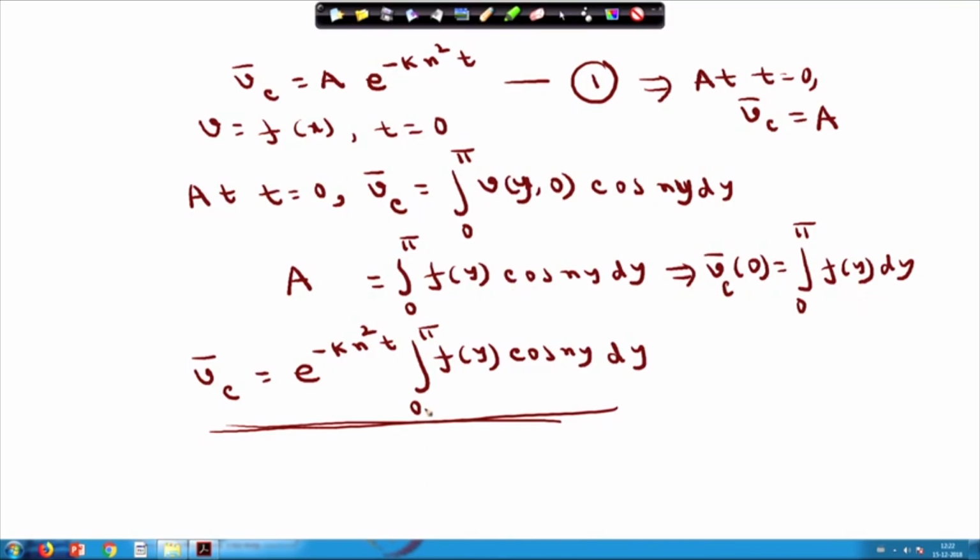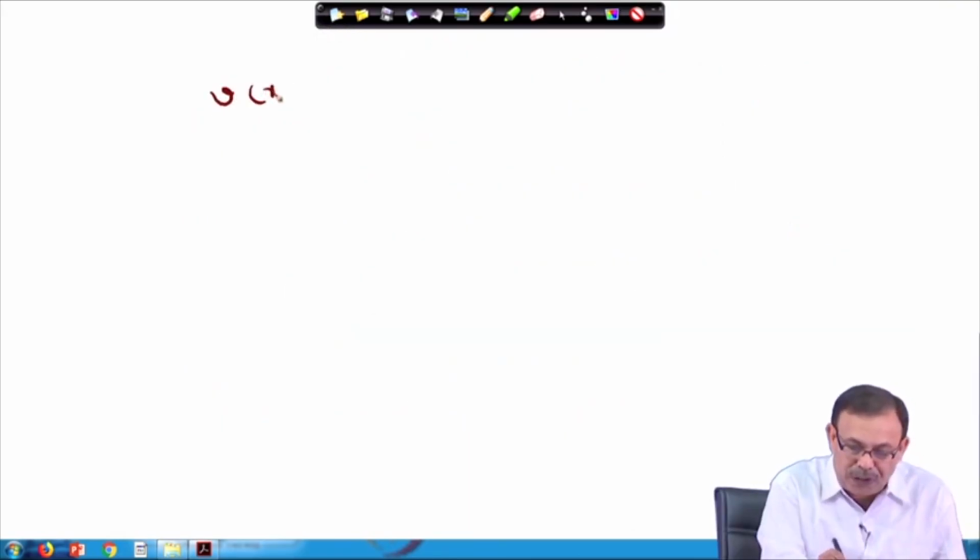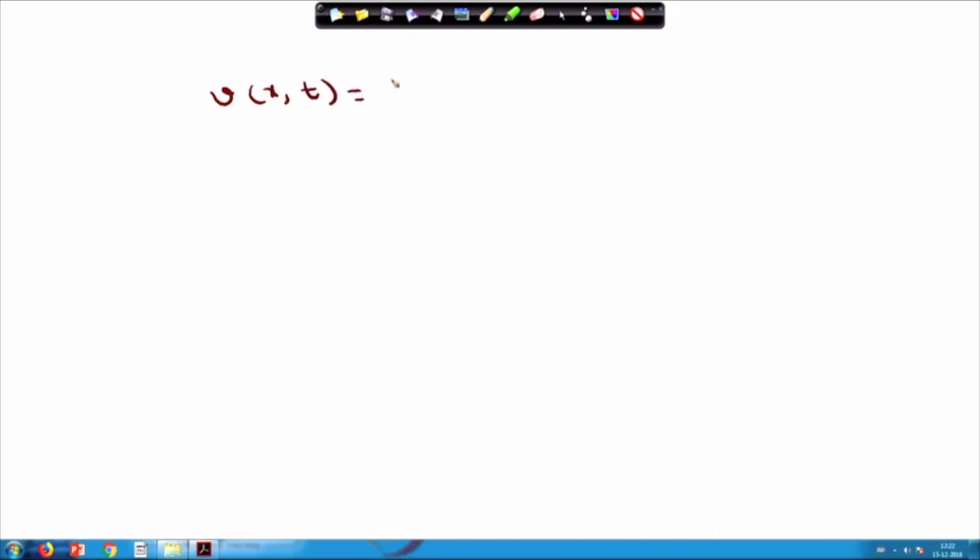So, from here, by taking the inverse finite Fourier cosine transform, from the definition I can write V of x t as 1 by pi into V bar c 0 plus 2 by pi into summation n equals 1 to infinity V bar c into cos of n x, since your L is equal to pi.